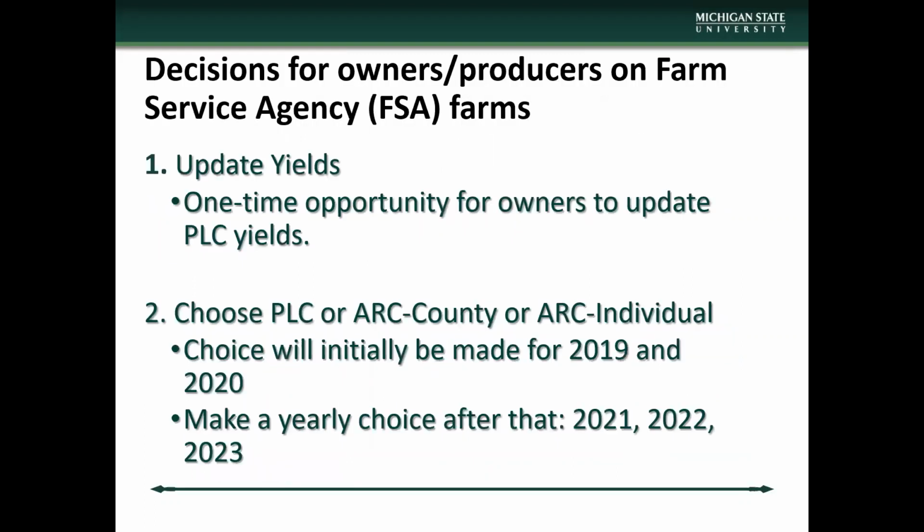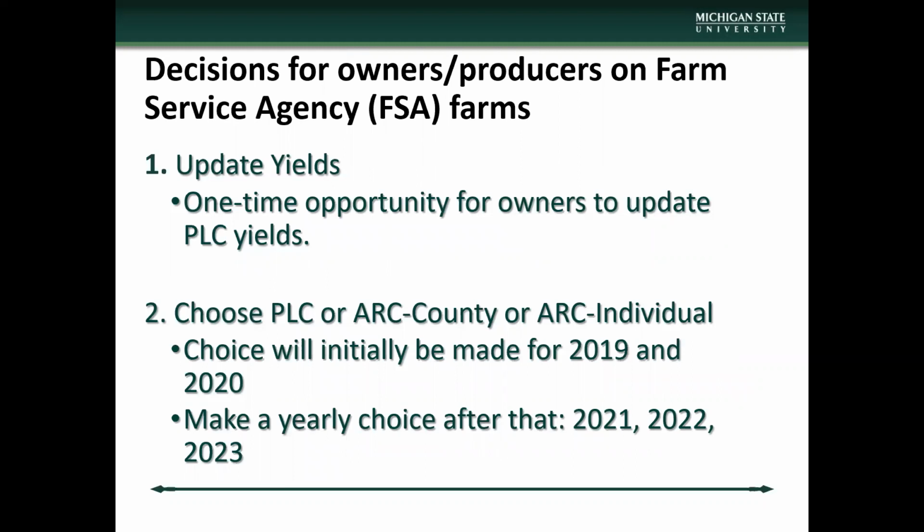And so what are the decisions you've got to make? There are two. The first decision is, should I update my yields for the purposes of the price loss coverage program? So this is a one-time opportunity to update your yields for the purposes of your PLC payments. The second decision you've got to make is, for the 2019-2020 crop season, which programs do I want to elect?